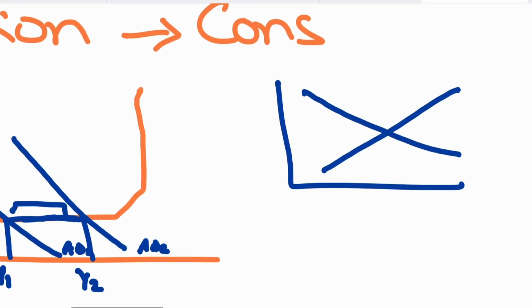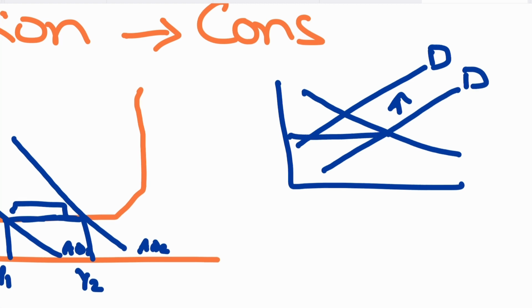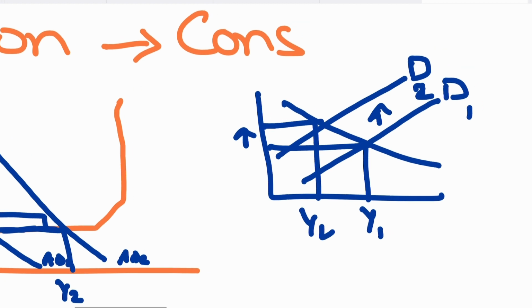under cost push inflation, your short-run aggregate supply shifts inwards. You could label this short-run aggregate supply from SRAS1 to SRAS2. This is SRAS1, this is SRAS2, and that causes the price level to go up, and that causes real GDP to go down from Y1 to Y2, right?